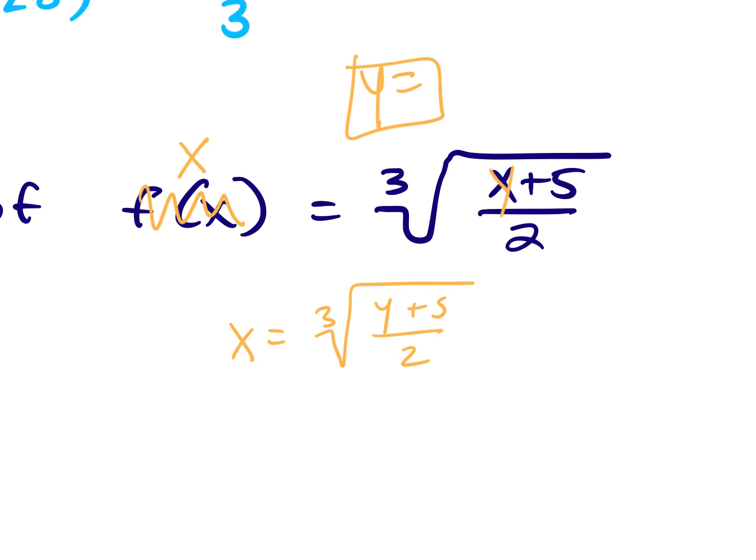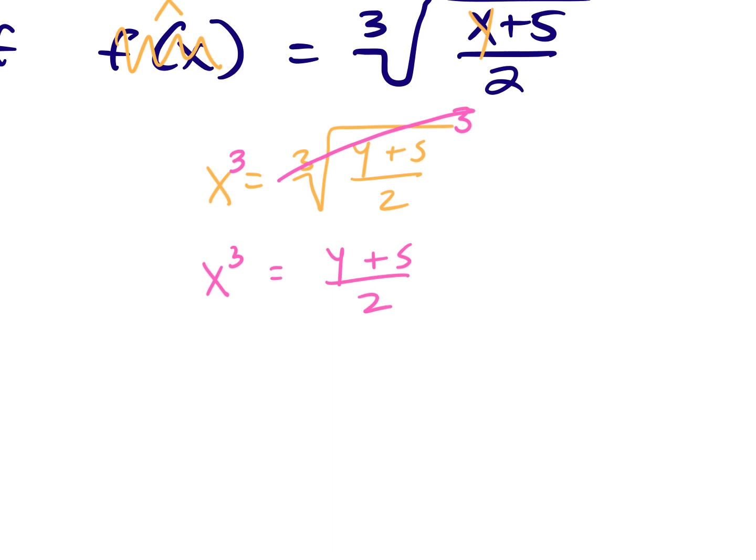What would we do first? Do I times 3? We do an exponent of 3 because to get rid of the cubed root, we have to cube both sides. So both sides get raised to the 3rd power. So x to the 3rd power is now equal to y plus 5 over 2. What would I do next? Awesome. Y is being divided by 2, so the opposite of division would be multiplication.